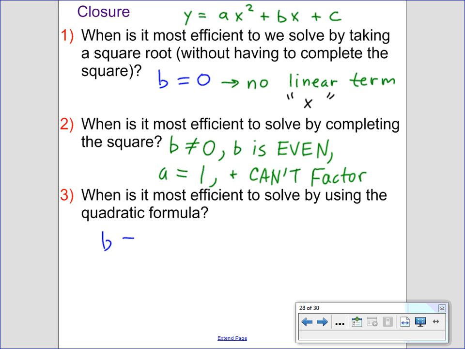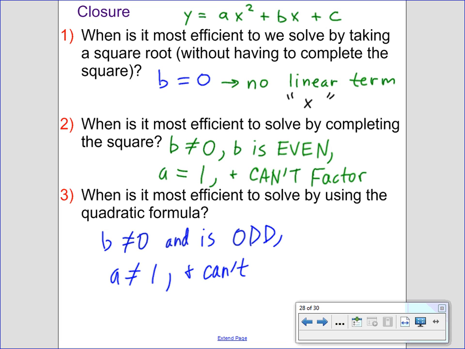Again, b doesn't equal 0 but is odd, and or a doesn't equal 1, and I can't factor, then I'm going to go ahead and do the quadratic formula. These would be good reasons, right, as to why you'd employ certain methods.